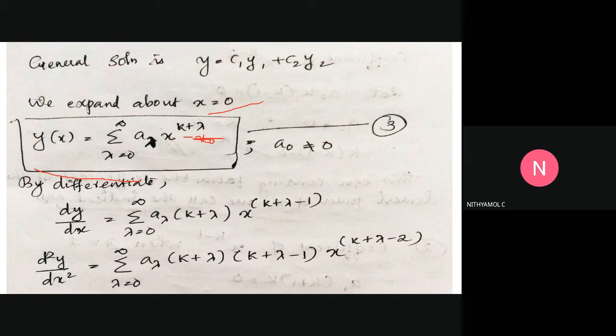dy by dx equal to summation over lambda is equal to 0 to infinity a lambda (k plus lambda) x raised to k plus lambda minus 1. And d square y by dx square is equal to summation lambda is equal to 0 to infinity a lambda (k plus lambda)(k plus lambda minus 1) x raised to k plus lambda minus 2.